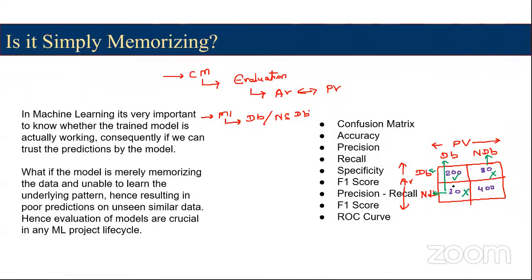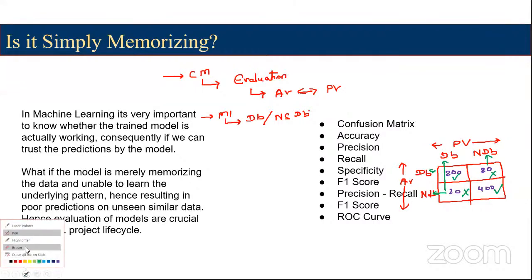Because the patients are not suffering from diabetes, but the model is saying that you are suffering from diabetes. So the actual value is not matching the predicted value. And last but not least, what can we say about these 400 records? Patients are not suffering from diabetes and the model also predicts not suffering from diabetes. So this is a correct prediction. This is how your confusion matrix will look.